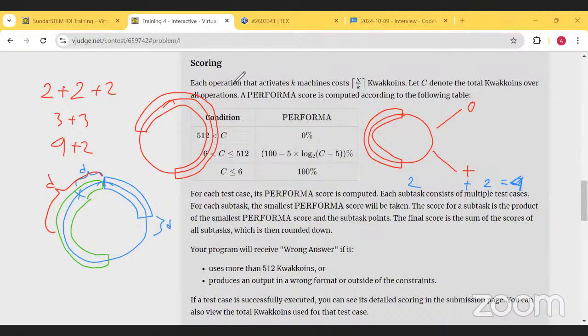And then still costing 2 coins? Leave upper quarter, so upper quarter, lower right quarter. Okay.